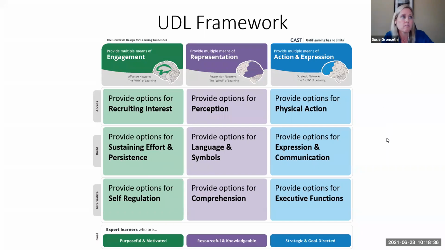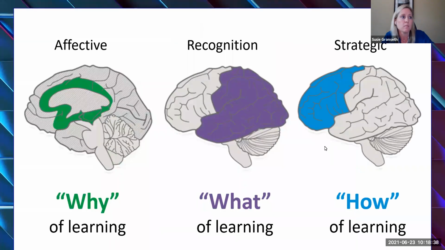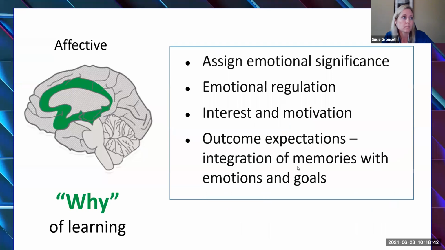I want to show you a little bit about each of those networks. In the multiple means of engagement, the affective why of learning, this is where we assign emotional significance, and learners have emotional regulation.